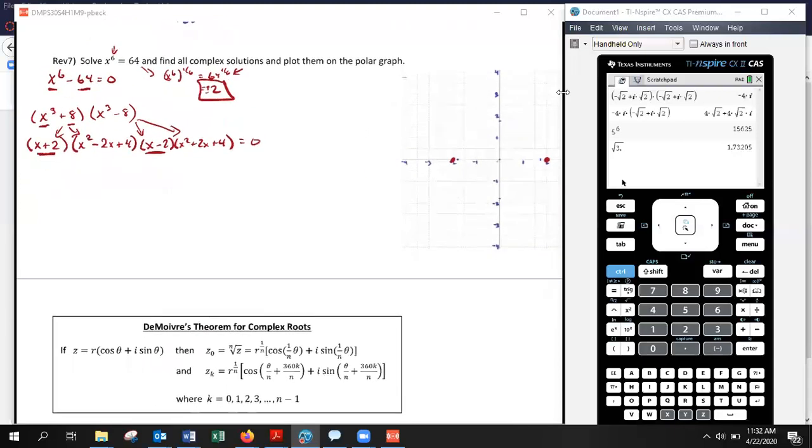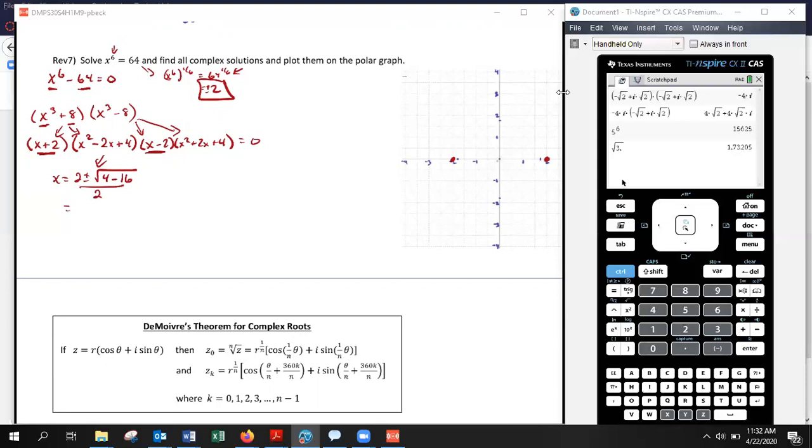So now, how do we find these? Well, we'll use the quadratic formula. x will equal negative b plus or minus the square root of b squared minus 4ac. So 4 minus 4 times 1 times 4 is 16, all over 2a.